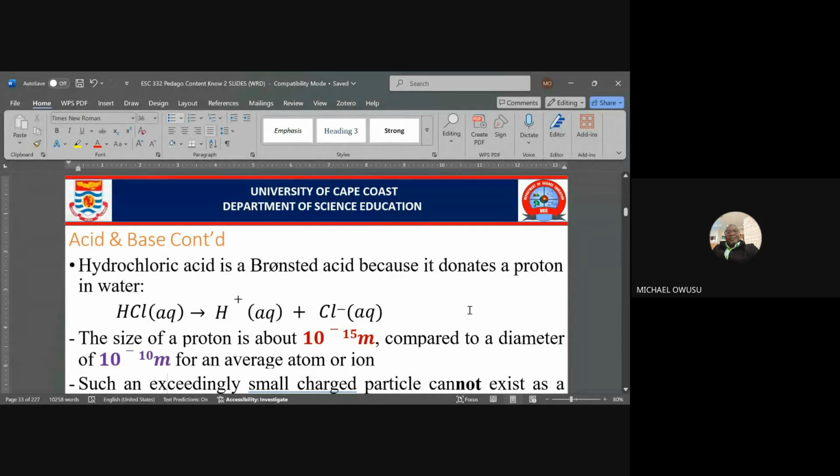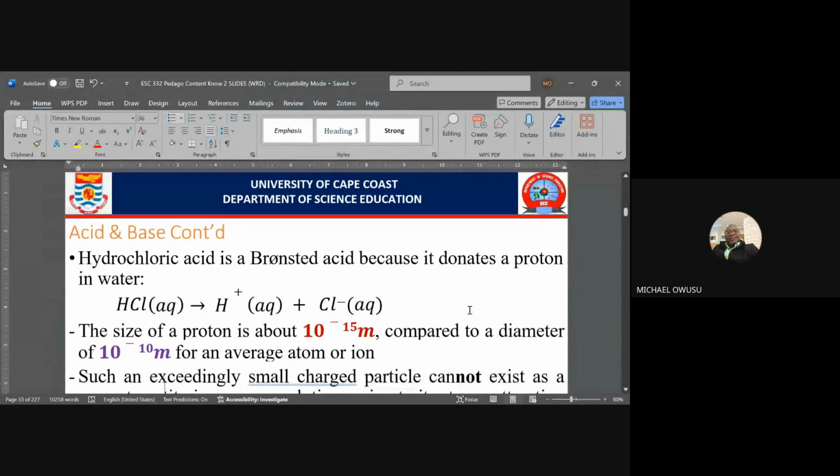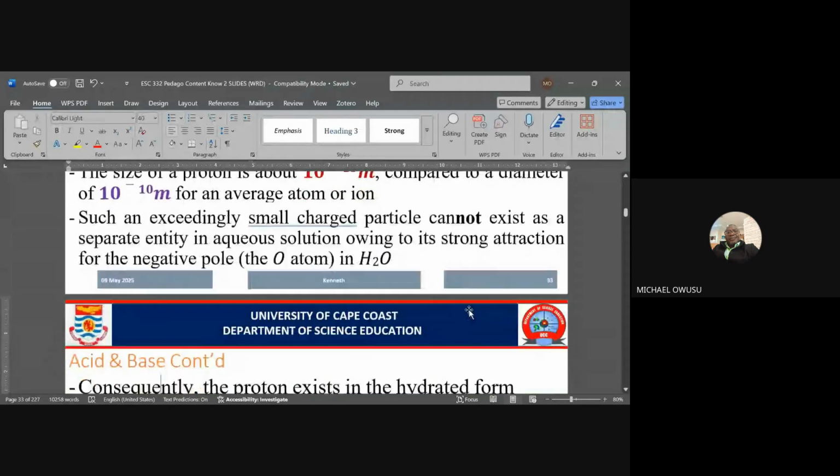And then Brønsted-Lowry is also saying the same, that HCl, hydrochloric acid, is a Brønsted-Lowry acid because it donates. So while this one is talking about donating the proton, the other one is talking about what? Producing the H plus. So that's about that.